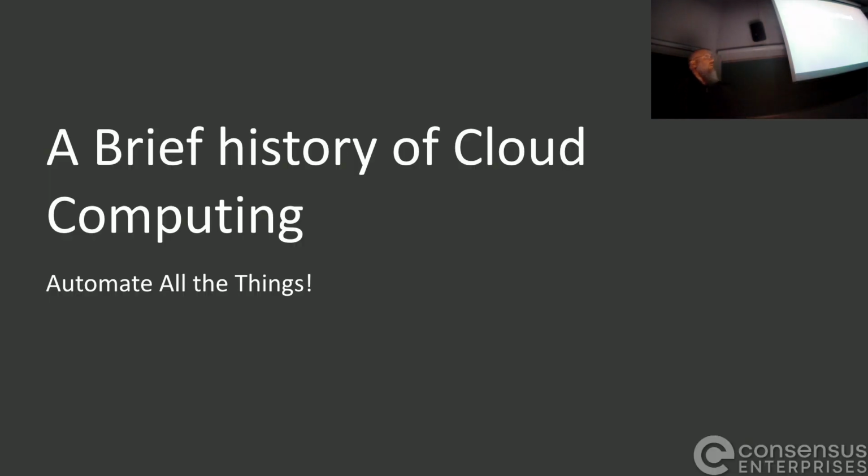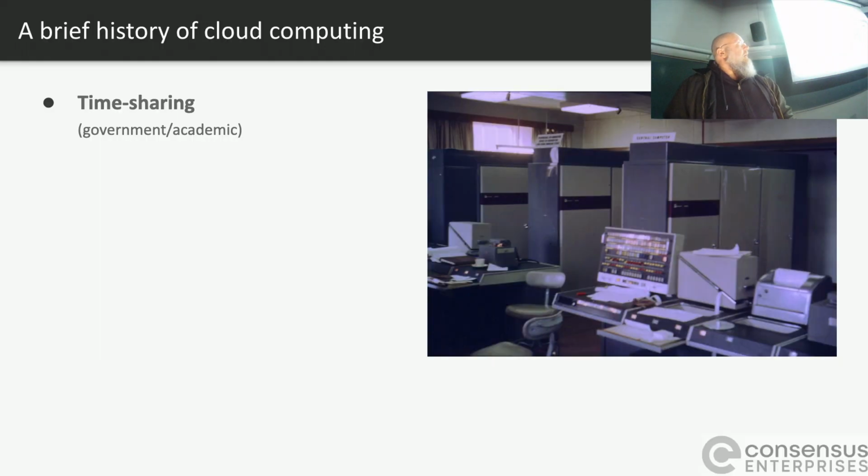So going back a bit and trying to just get some perspective on where cloud computing is today and where it's coming from. Way back at the very beginning of what would be roughly modern computing, we had basically time-sharing systems. So these were enormous building-sized computers, usually only at sort of academic or government institutions.